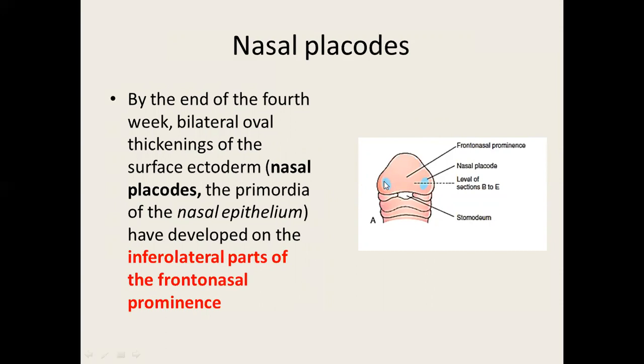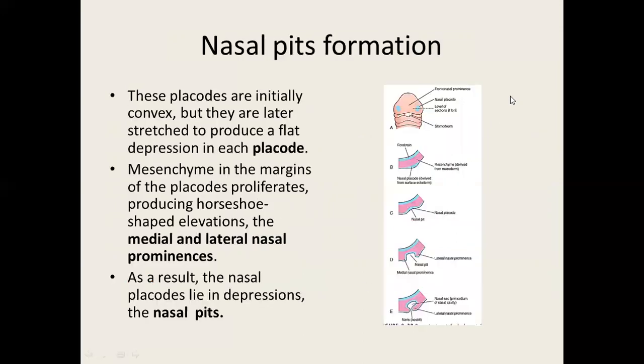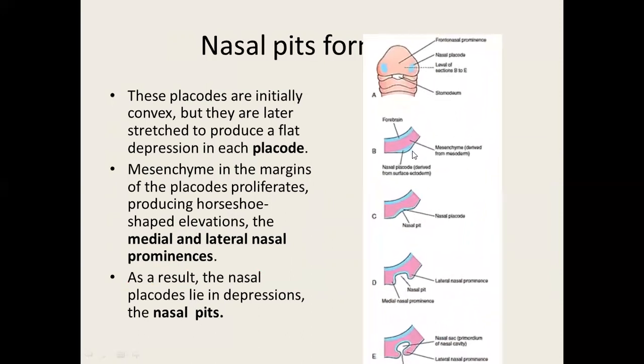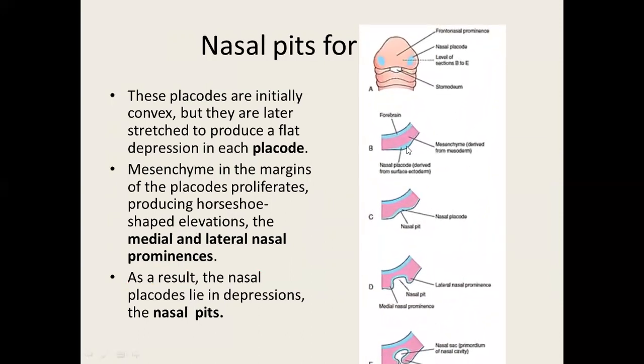Around the 4th week, there are bilateral oval thickenings of the ectoderm on the lateral part of the frontonasal prominence. This is known as the nasal placodes. Initially, as you can see in this figure, because of the proliferation of the ectoderm, these nasal placodes are convex.